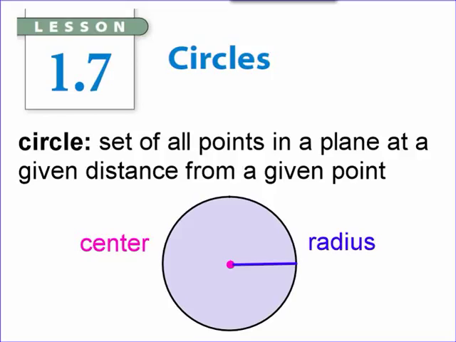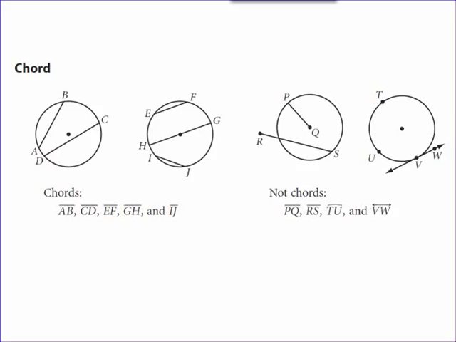Now we're going to define what a chord is. So look at those pictures. We have chords, not a chord. Based on those pictures, let's define what a chord is.